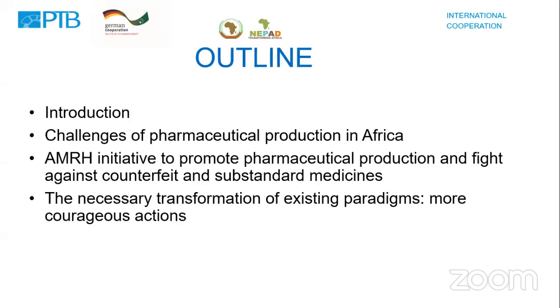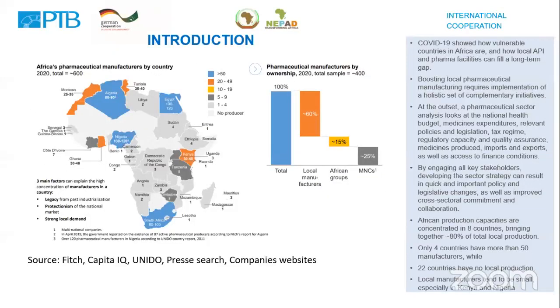In this map, we can see in blue that only 4 countries, Algeria, Egypt, Nigeria, and South Africa, have more than 50 manufacturers, while 22 countries have no local production. So, boosting local pharmaceutical manufacturing requires implementation of a holistic set of complementary initiatives that we are going to review in this presentation.